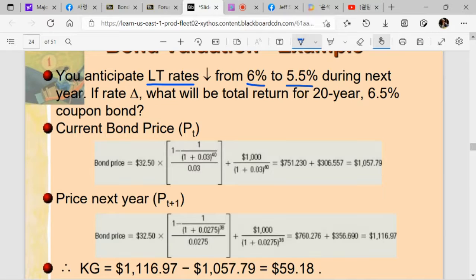How do you know the rates are going to fall? Actually, the Federal Reserve is constantly communicating what they are going to do. So after every FOMC meeting, they hold a press conference, and they tell the entire press what their policy will be like.